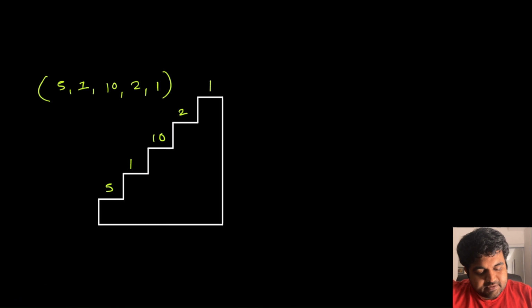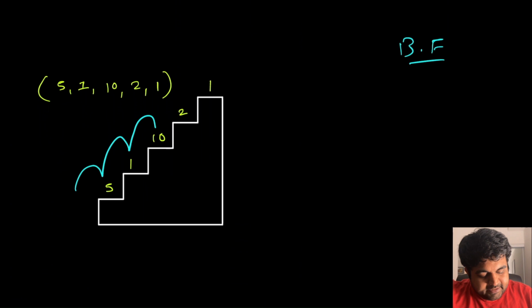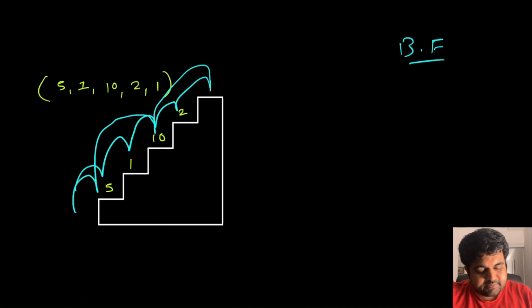So the very first approach that comes to our mind is a very simple brute force approach. The logic is quite straightforward: we calculate every single possibility. We calculate a possibility like this, then a possibility like this, taking one jump and then two jumps and three jumps, and then this and then this, something like this.